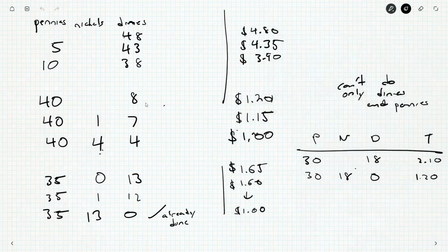So right now, I was doing it fine and organized, but I've started to lose my method. So we had one way to do it, 35 pennies, 13 nickels. And then 40 pennies, 4 nickels, 4 dimes. We only had those 2 methods.